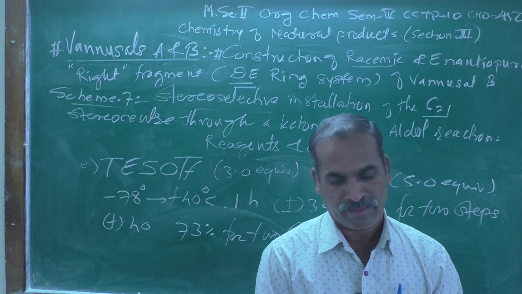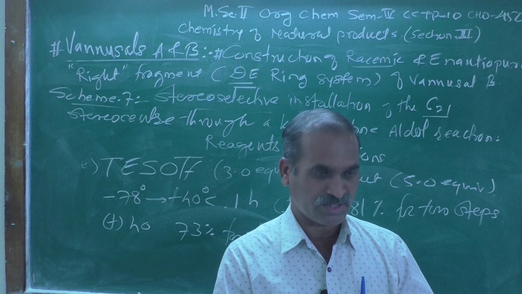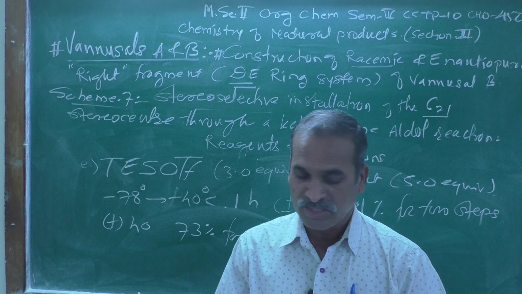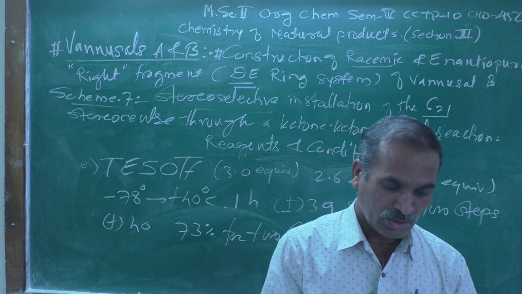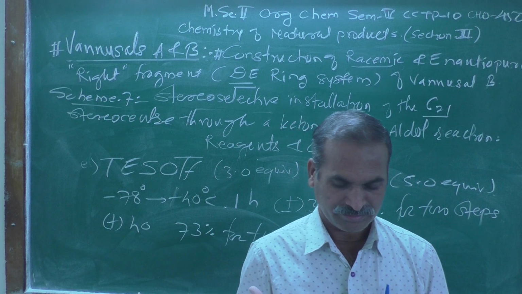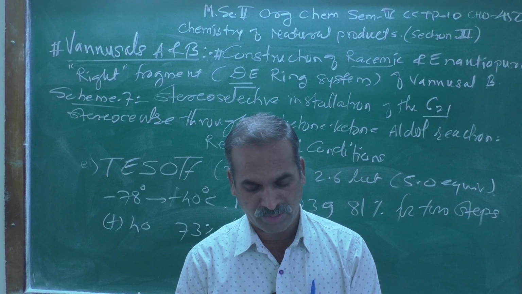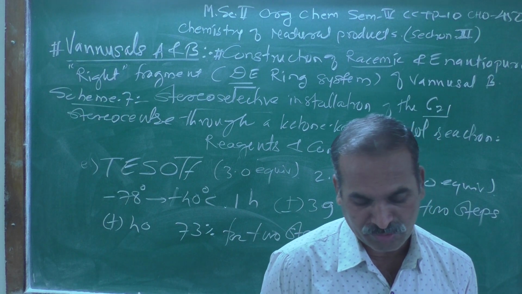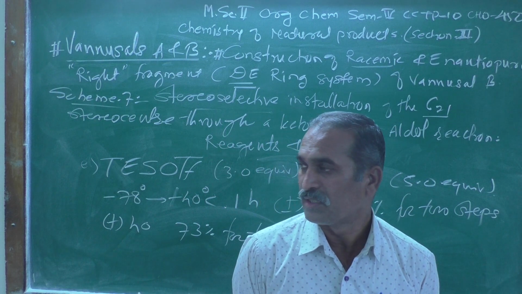So, with this brief description of scheme number 7, in tomorrow's lecture we will discuss scheme number 8, the construction of the completed northeastern fragment of the originally assigned structure of Vannusal B, in racemic plus-minus 27 and the enantiomeric plus 27 forms, in our next lectures.